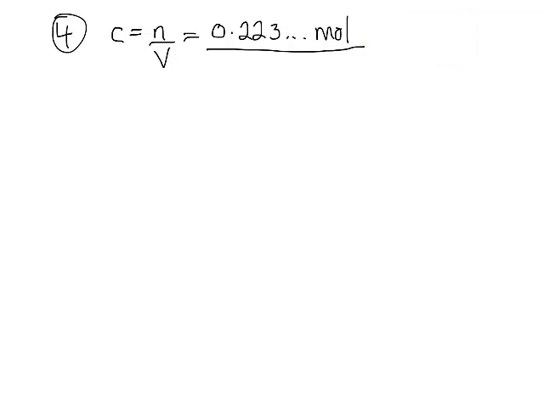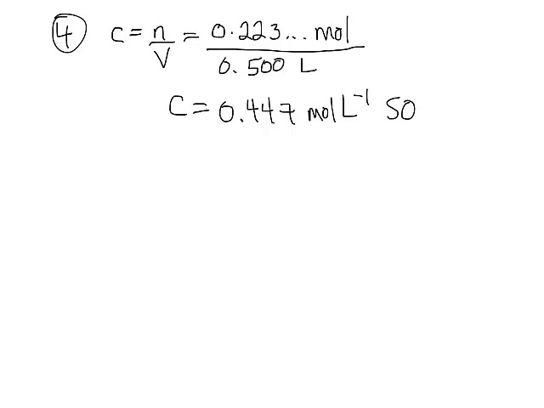And the problem tells us the volume of the solution is 500 milliliters, or 0.500 liters. Solving this gives us a concentration of 0.447 moles per liter of sulfate ions.